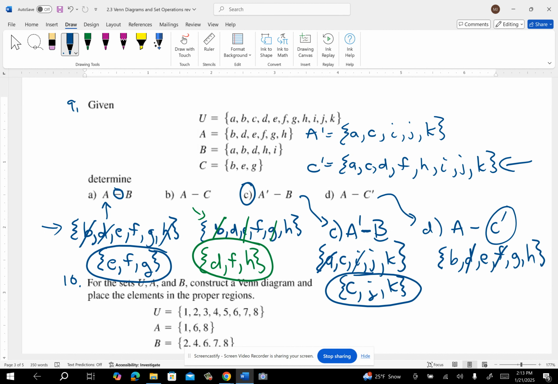G is not in the complement of C. H, I'm going to knock out. Okay? And so what I wind up with is a B, an E, and a G, which coincidentally is set C. That did not have to turn out that way, but it did.